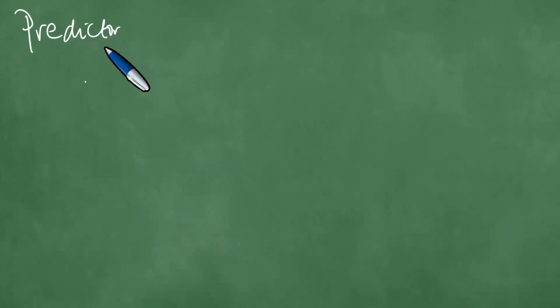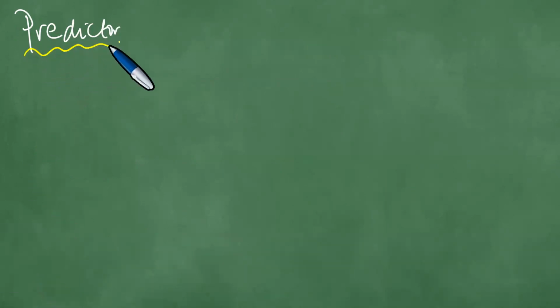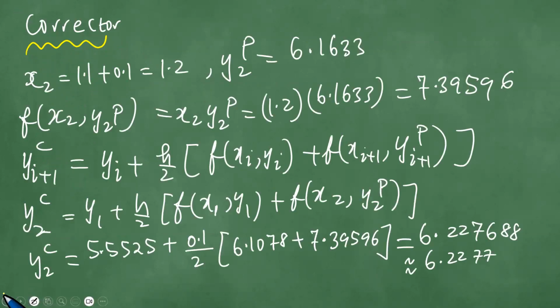Let's do the predictor next. Right, so we're going to do the predictor here. The predictor is the next step. What is the next step? Because this one was at x2, we must do everything now at x3.